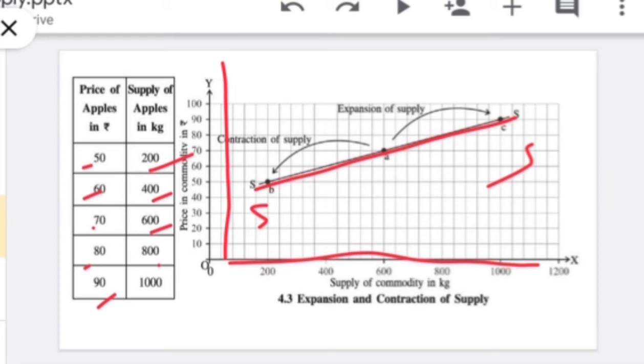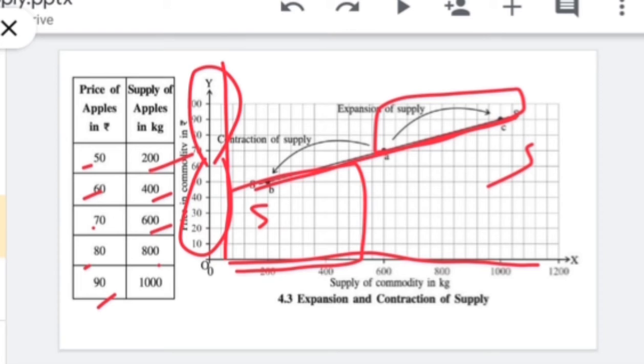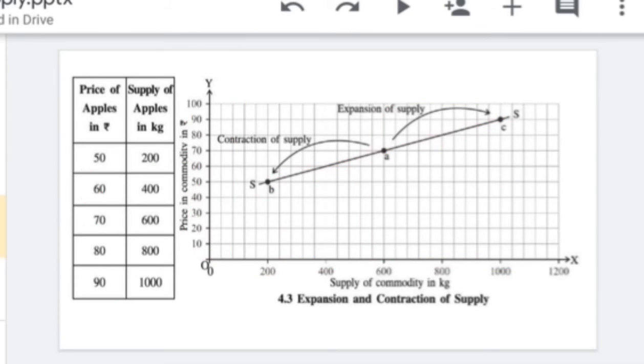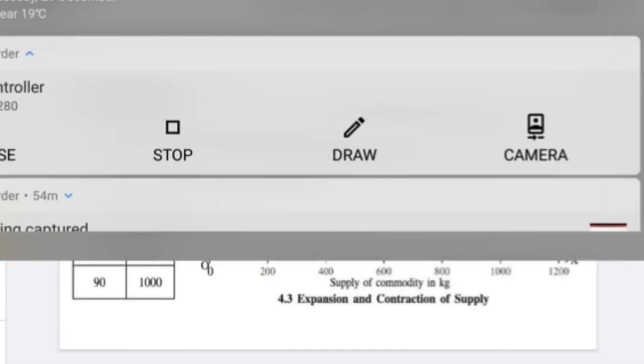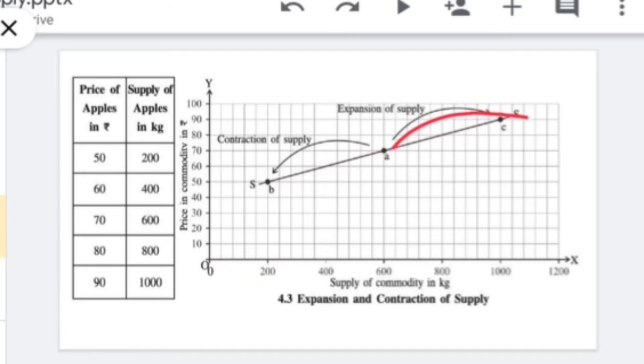Now see, when the prices are rising, this area is of increase in price and this area is of decrease in price. You can see here the prices are less and here the prices are more. So whenever there is an increase in the price, there is an expansion of supply.